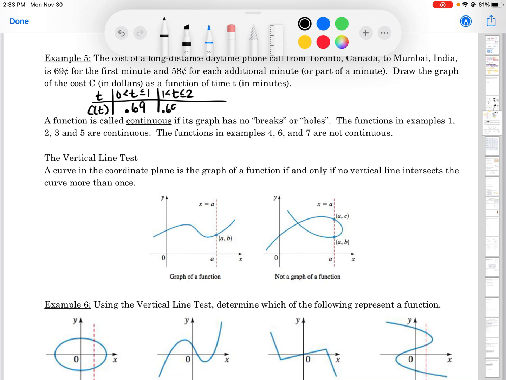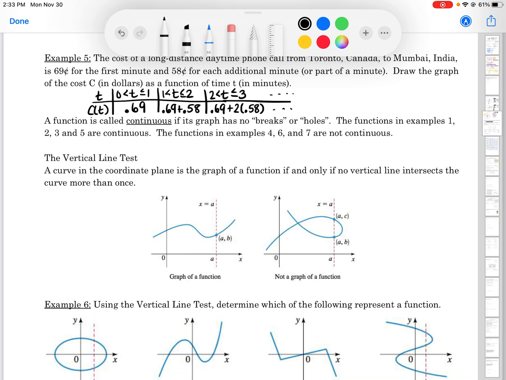So 0.69 plus 0.58. If I talk for an additional minute, so that'll be between 2 and 3 minutes, then it'll be 0.69 plus 58 plus another 58. So really plus 2 times 0.58 and so on. And I can continue doing this.